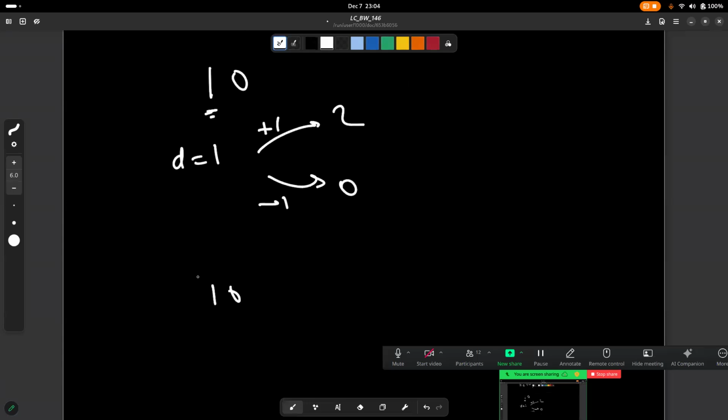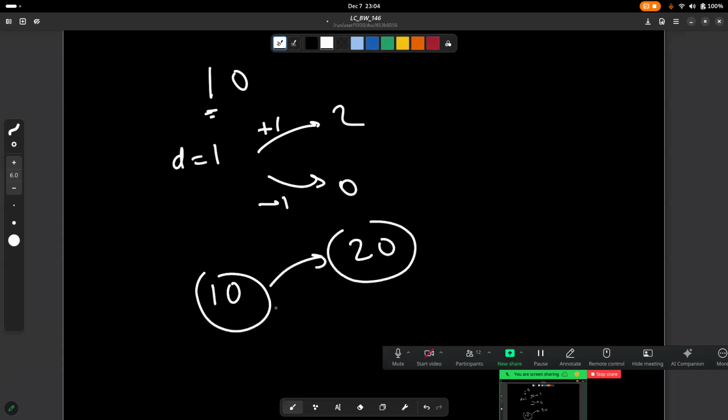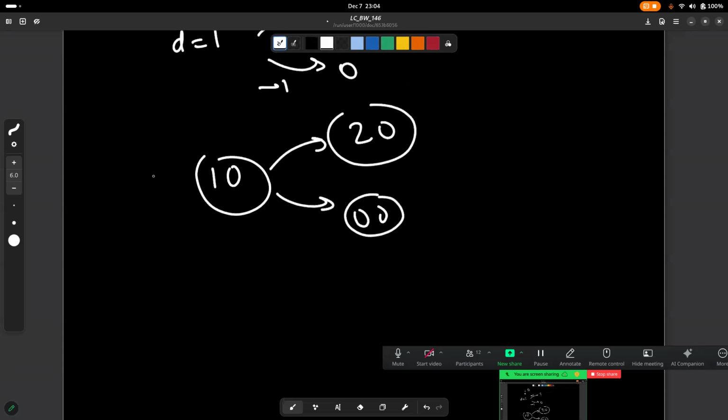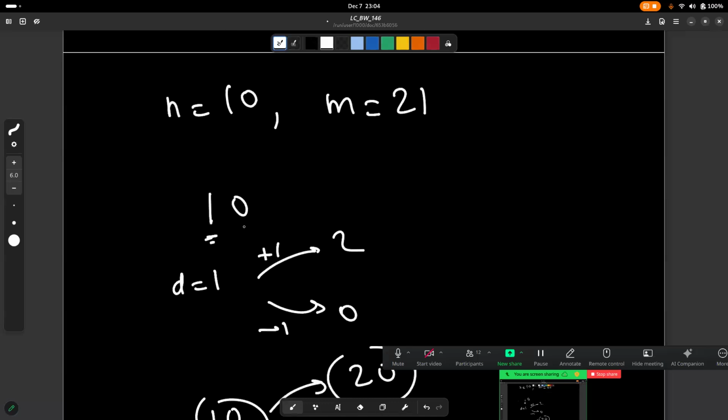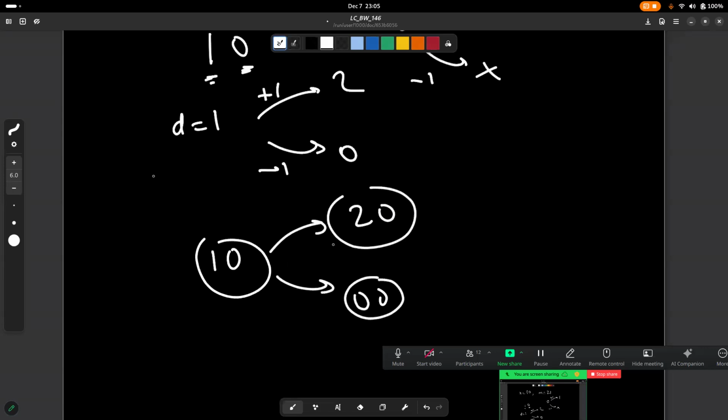So my 10 can go to 20, by incrementing this digit, or 00, which is basically 0, by decrementing this digit. Or I can choose my second digit, which is 0. Now for 0, I cannot decrement it because it will go into negative. But I can definitely increment it. So 0 plus 1 is 1. So from 10, we can go to 11.